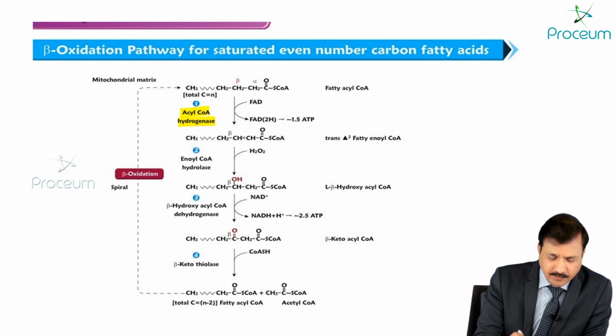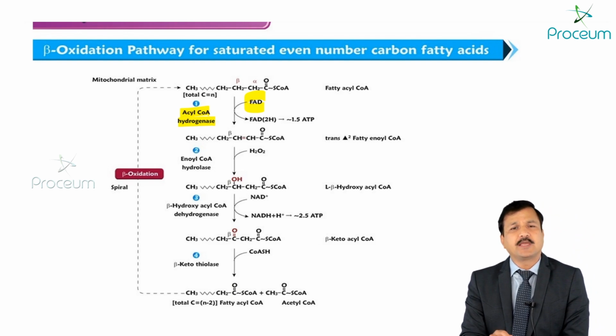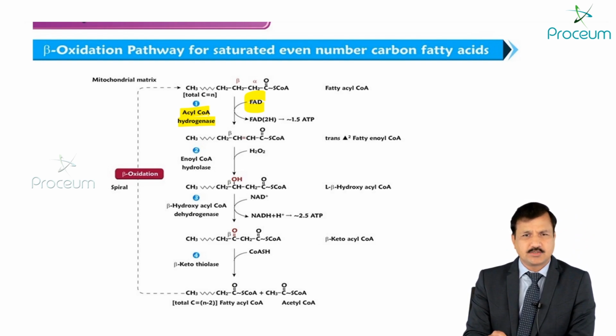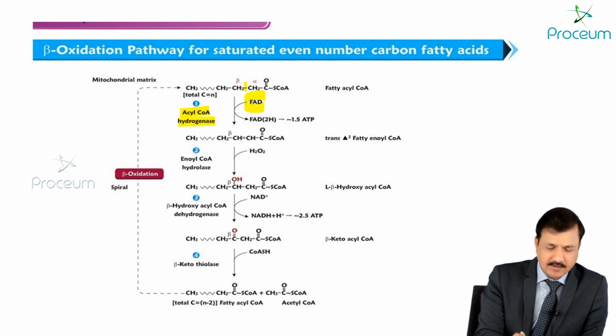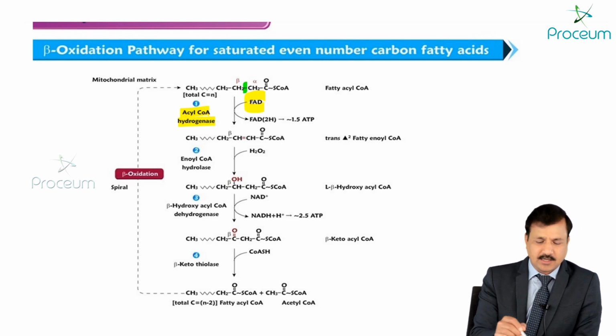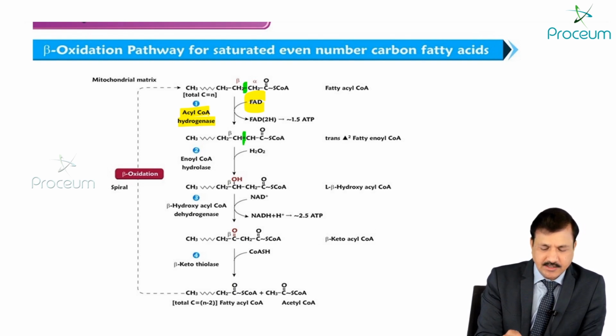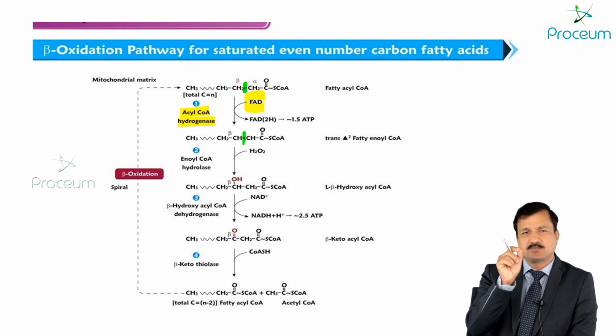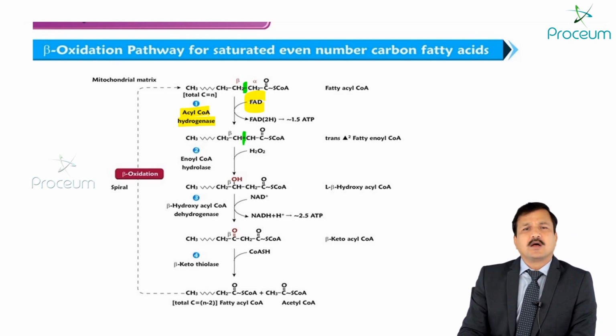So what does a specific acyl-CoA dehydrogenase do? It brings FAD into the reaction, which is reduced to FADH2 while the fatty acid is oxidized. Where is the oxidation? The bond between the alpha and beta carbon is oxidized, and a double bond is introduced there, which I just marked with the green color.